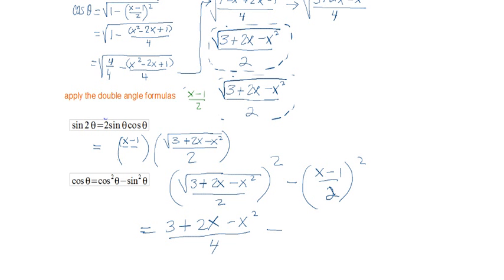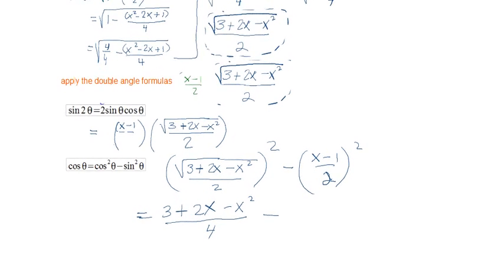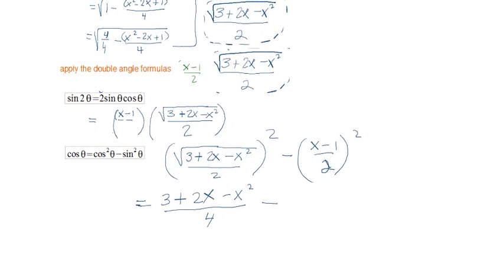And minus, now I'm going to have to apply the binomial square shortcut, which is x squared minus 2x plus 1. And then don't forget to square the bottom one. So I square this one right here, and I square this one right here.